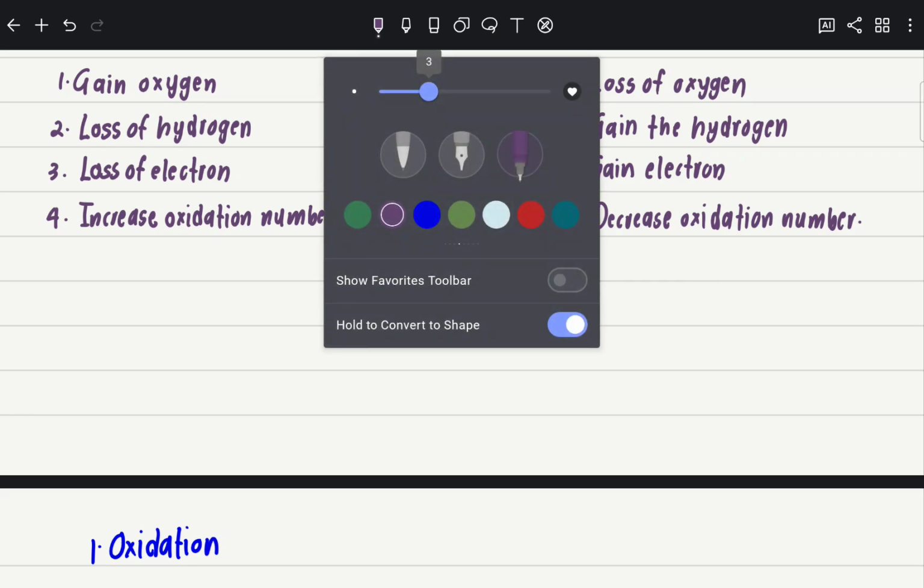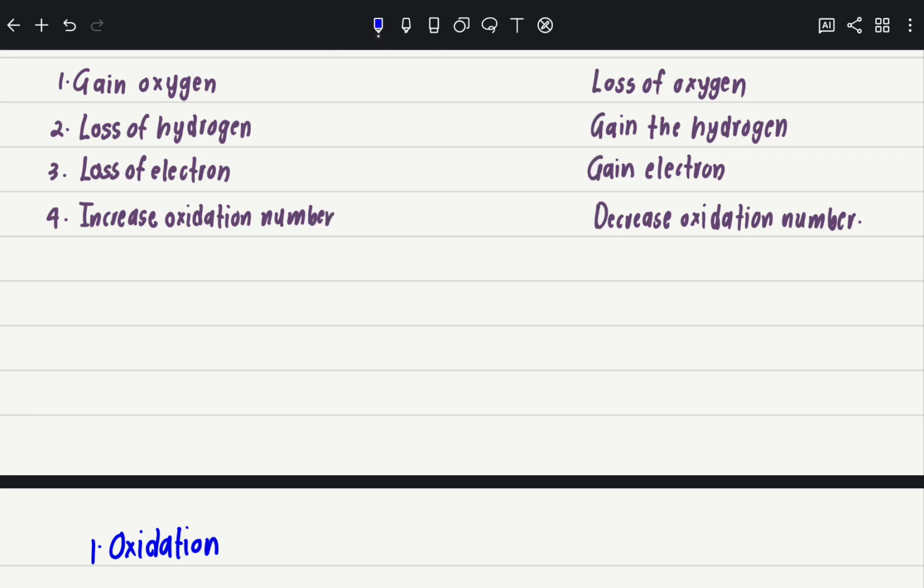Okay, then I want to give you one mnemonic. Ni my teacher teach to me during my school days. She said for electrons, you can remember like this. Leo says Ger. What does Leo says Ger mean? Kan ni ada LEO kan? The L stands for loss, E stands for electron, O stands for oxidation.